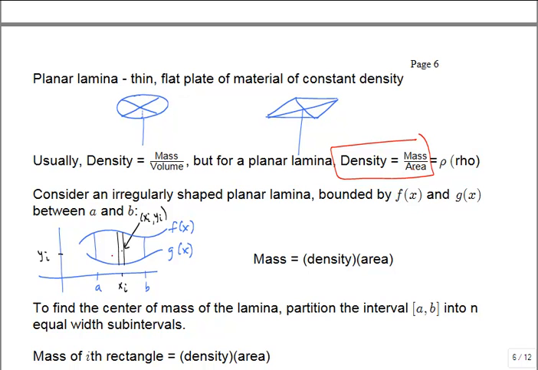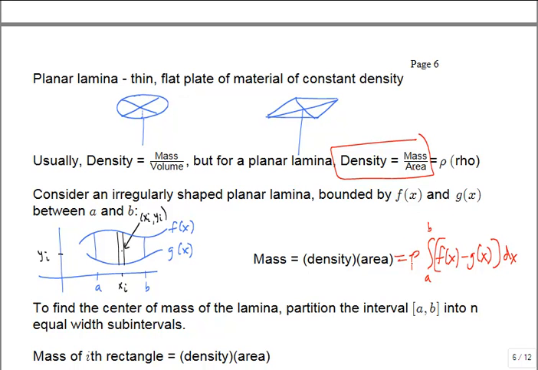So in order to get the mass of this planar lamina, we're going to take its density, which is what we're calling our rho, times its area, and the area of this irregularly shaped region could be found using an integral in calculus. So the area of this shape is going to be the integral from a to b. The top curve is f of x, so we want to use that first and do f of x minus g of x dx.